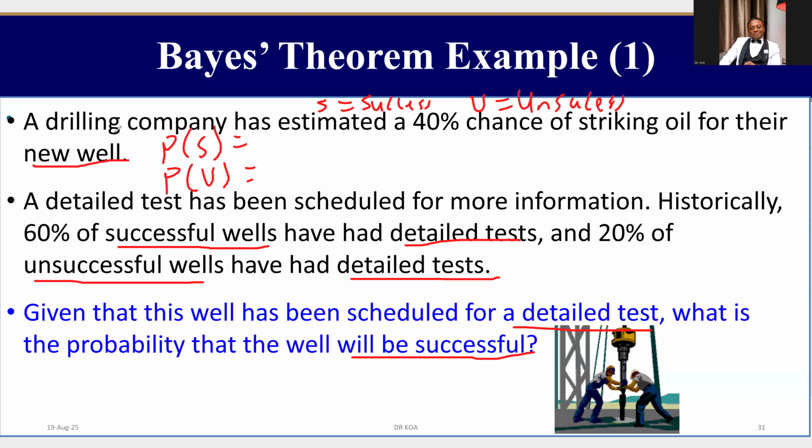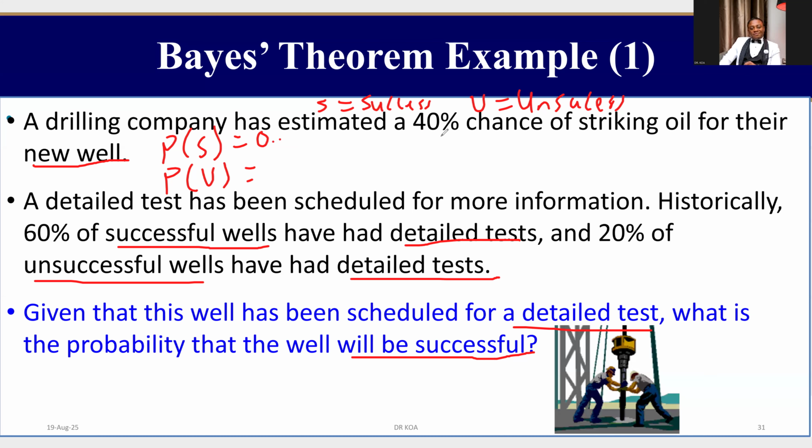So watch the first sentence. A drilling company has estimated a 40% chance of striking oil for their new well. That is successful. So there's a 40% chance, without even the detail, of successfully striking oil. So the probability of being successful in striking the oil is 0.4.